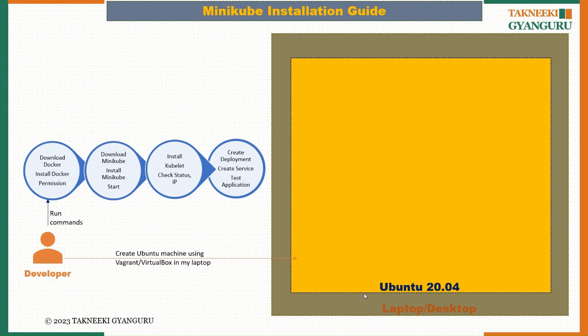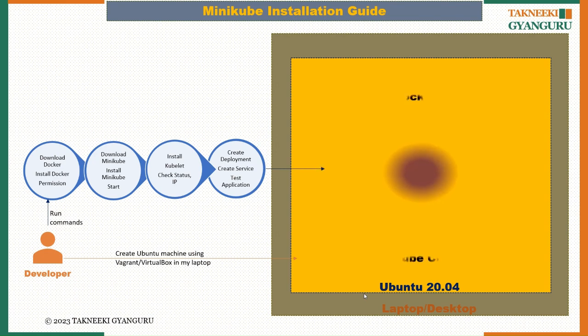There are multiple ways, like using NodePort, ClusterIP, or LoadBalancer. One by one we will see how we can get access through NodePort and ClusterIP, and this way we can get access to our application.